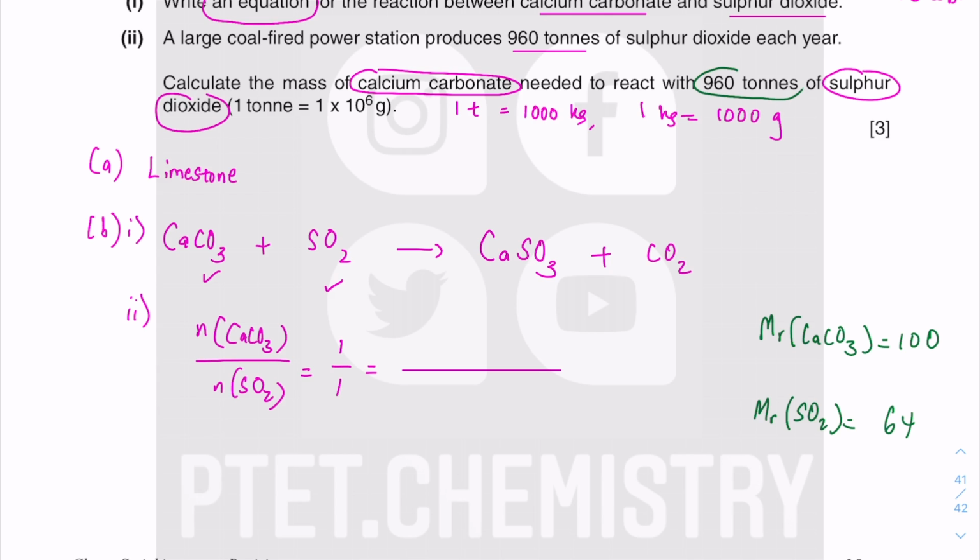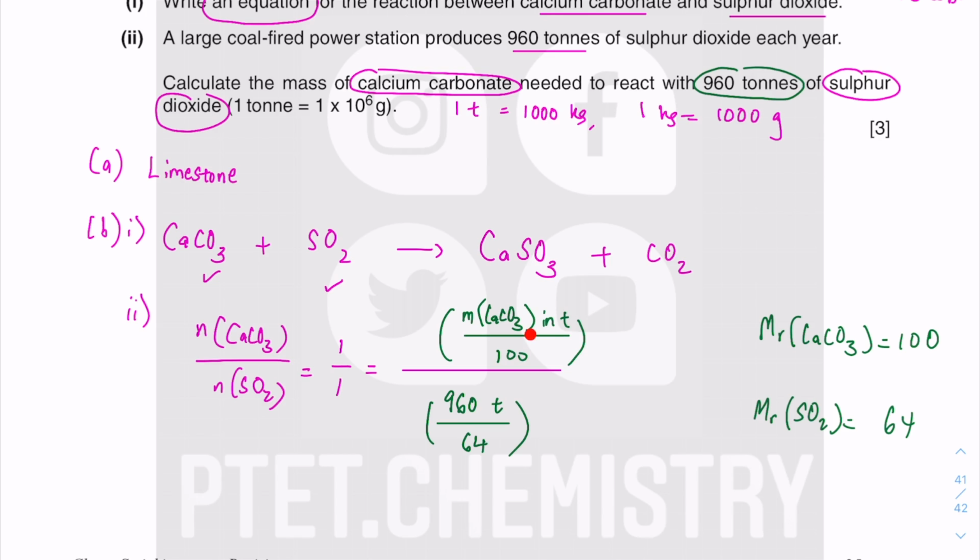I'm going to use 960 tons for the sulfur dioxide. So 960 tons divided by the molar mass, which is 64. And because I use this mass in tons, that means my conversion factor will have the mass of calcium carbonate in tons as well. So T there refers to tons, divided by the molar mass, which is 100.